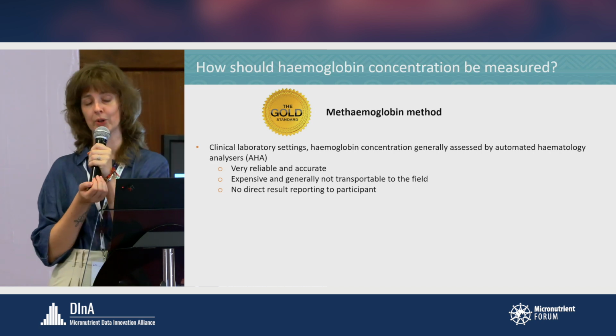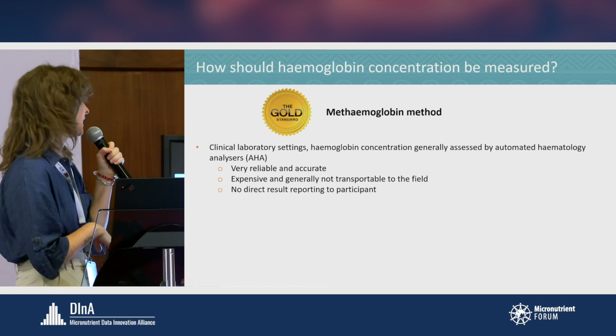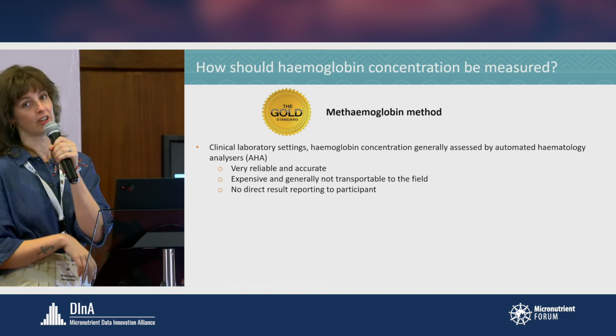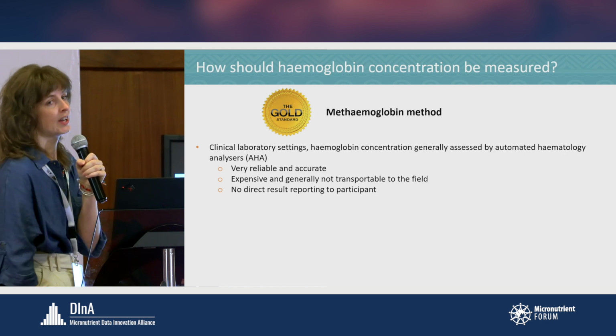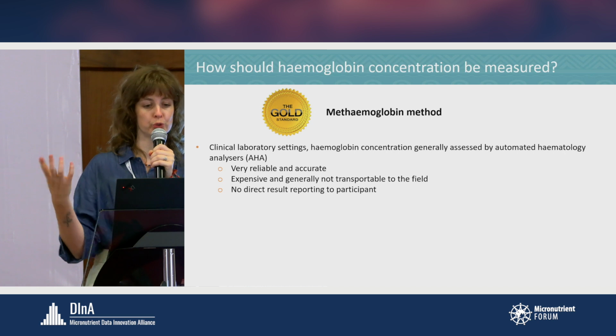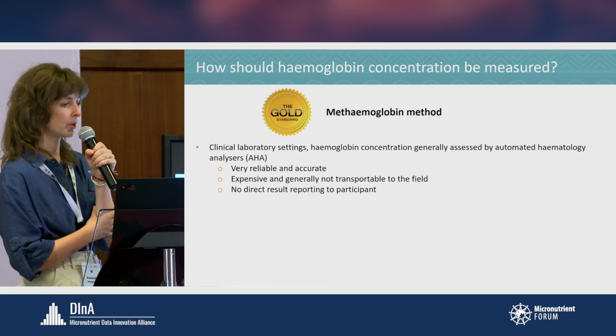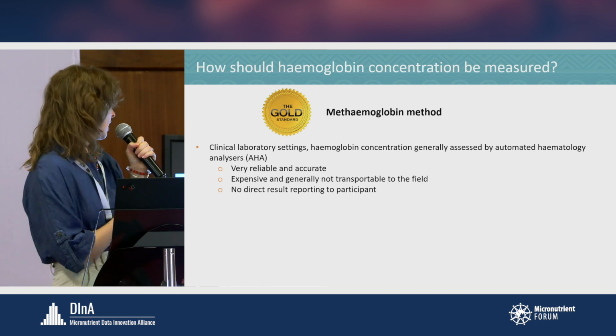It's very reliable and accurate, but as we already shared yesterday, it's quite expensive and generally not transportable to the field. It also requires a cold chain to be maintained from the field to your analyzer, which is often not feasible and quite expensive to add to your survey.